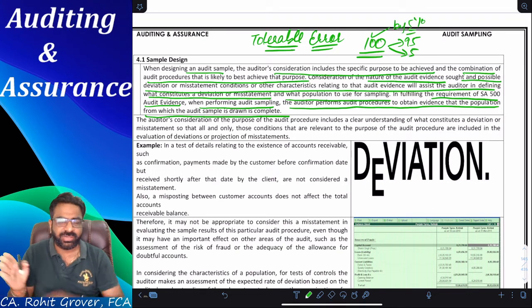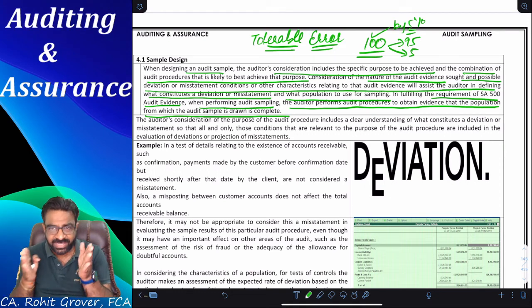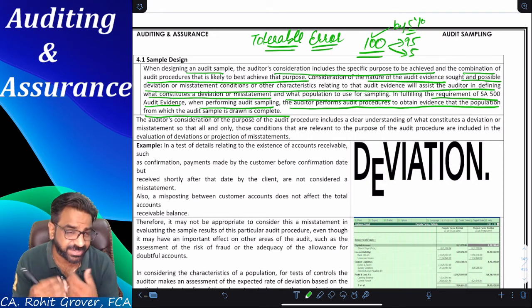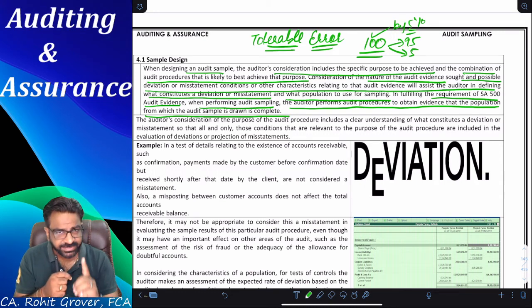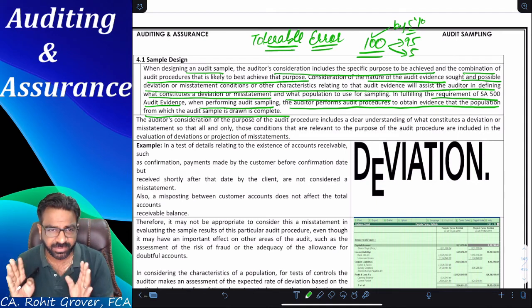Are you getting the point? So my level of deviation is 5%. But if my level of deviation is violated by the results, should I increase or decrease my sample size accordingly or not? Yes. So that is how you do the sample design, everyone. Did you get the point?